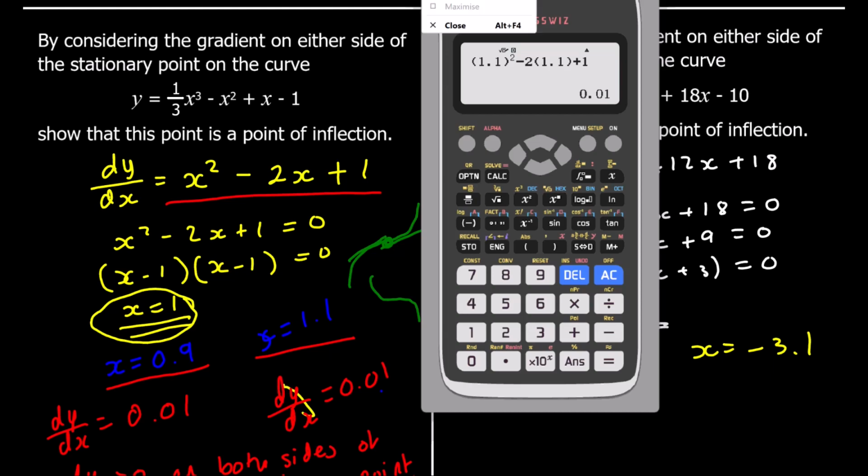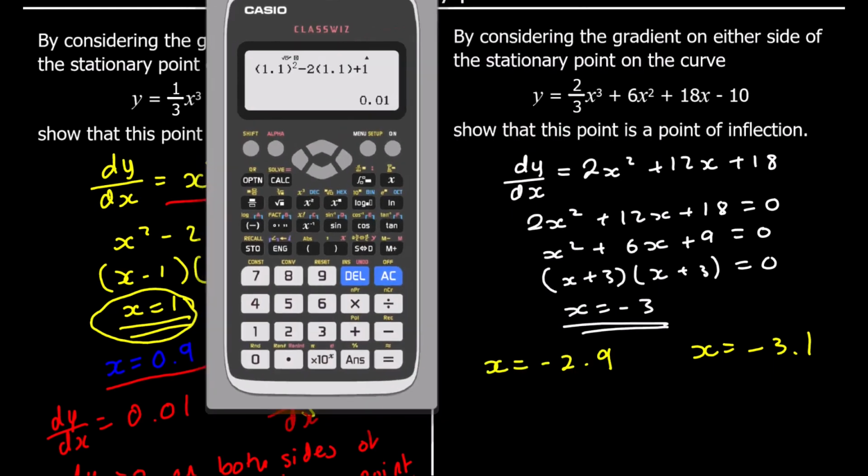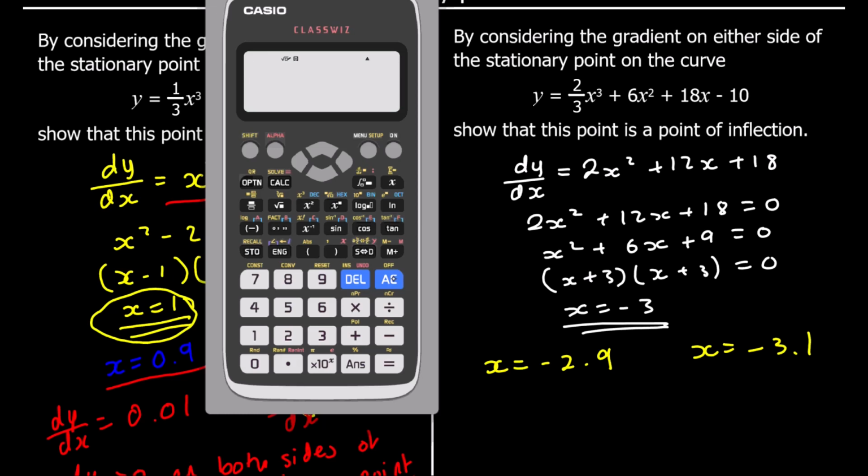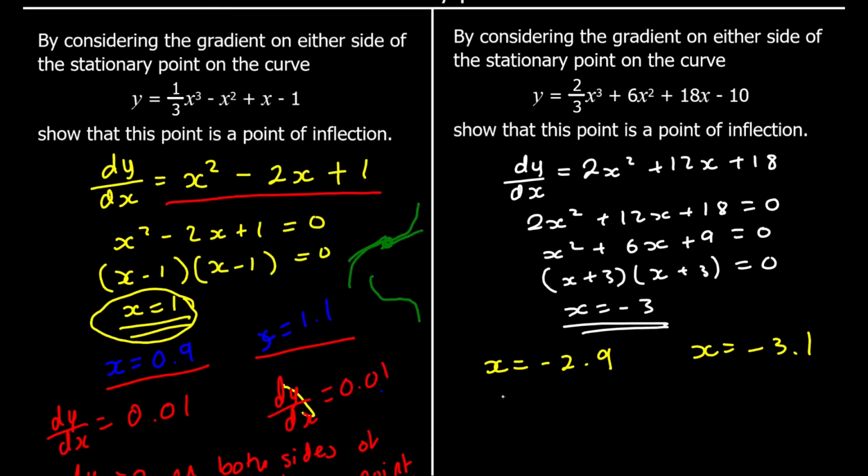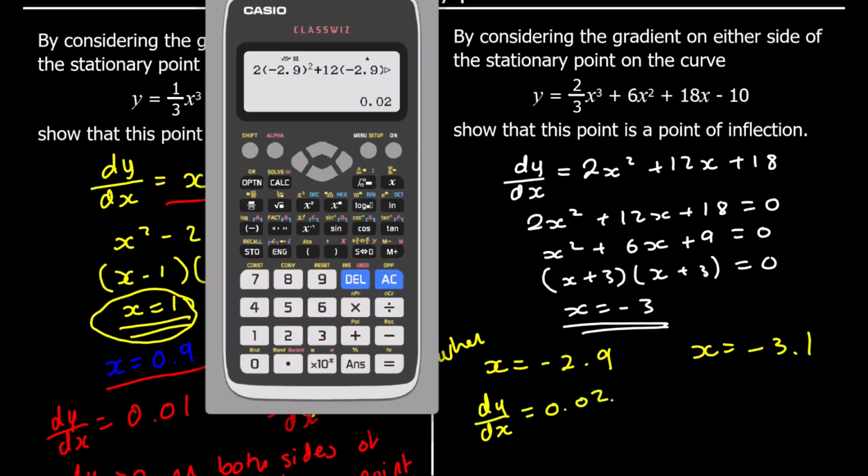So our gradient is 2x squared, so 2 times negative 2.9 squared plus 12 times negative 2.9 plus 18. So that's 1/50th, 0.02. So when x is negative 2.9, the gradient is 0.02.